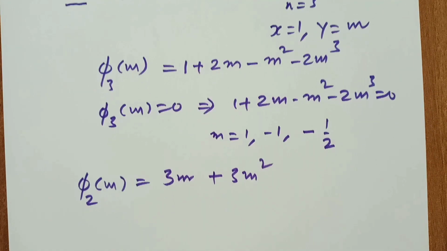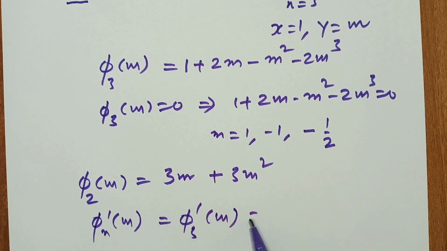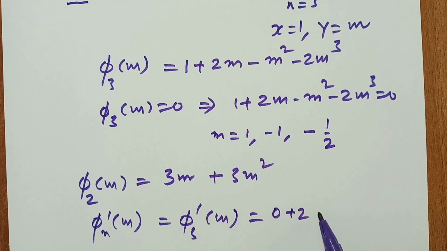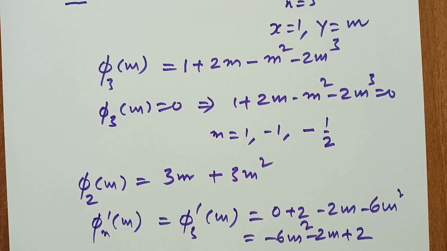Now we calculate phi n dash m, which is phi 3 dash m. So what is phi 3 dash? It is minus 6m square minus 2m plus 2.